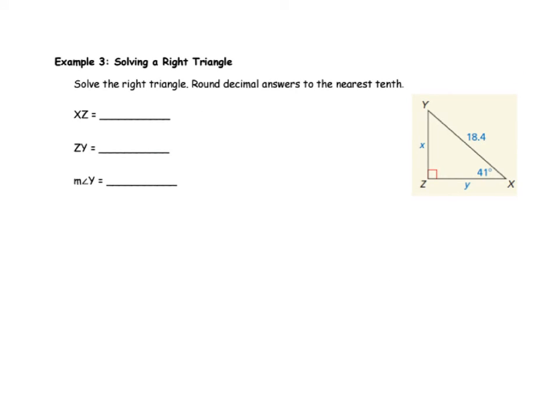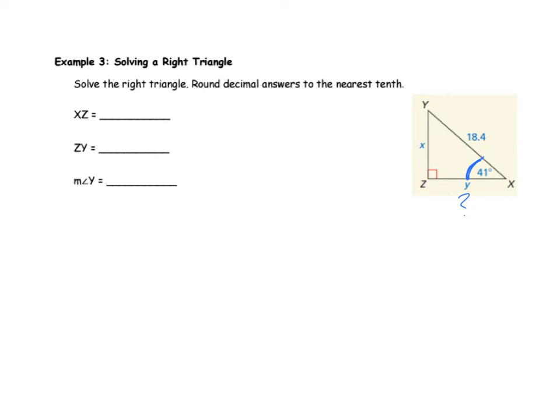All right, next problem, we have XZ is what we're looking for first. So it's this value here that I'm looking for. Let's say I know this is 41 degrees, so there's my theta.